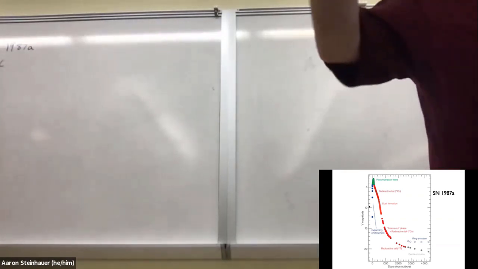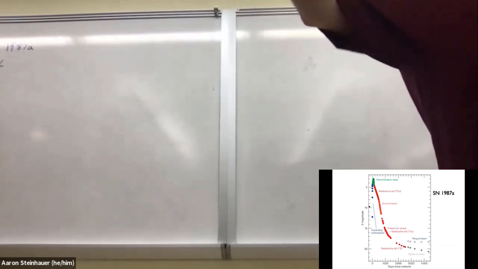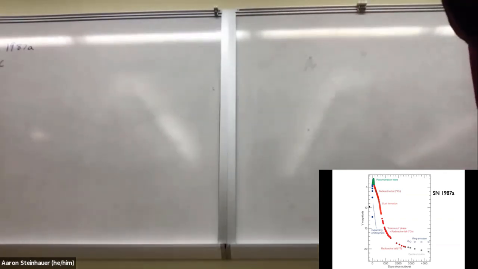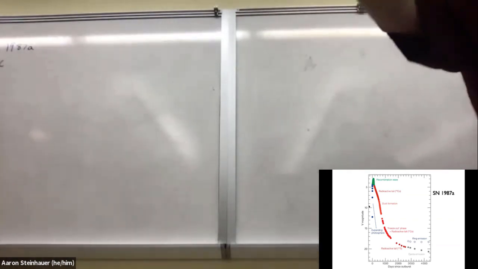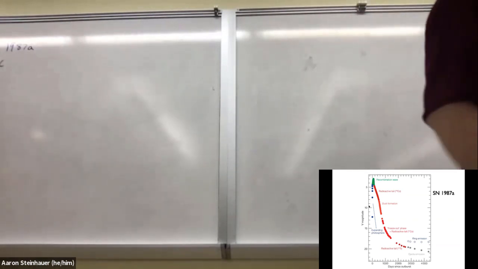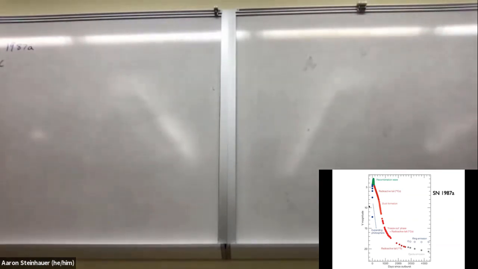So over the course of the next several months, these radioactive elements decay into the thing that they're going to decay into and emit all sorts of other energetic particles. And that's the dominant source of luminosity for the next few months. Specifically, cobalt-56 decaying into iron-56. I guess cobalt-56 has a half-life of about 77 days or something.